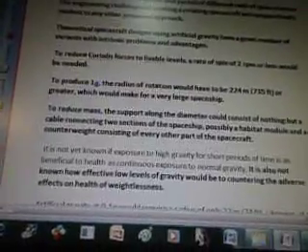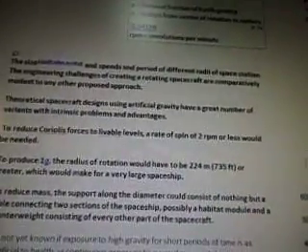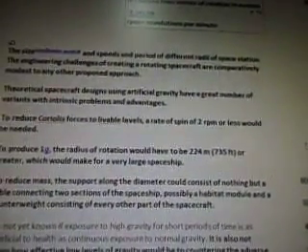Okay, there's more data here, but of course I bold it so I know to read it. The size, speeds and period of different radii of space station: the engineering challenges of creating a rotating spacecraft are comparatively modest to any other proposed approach.